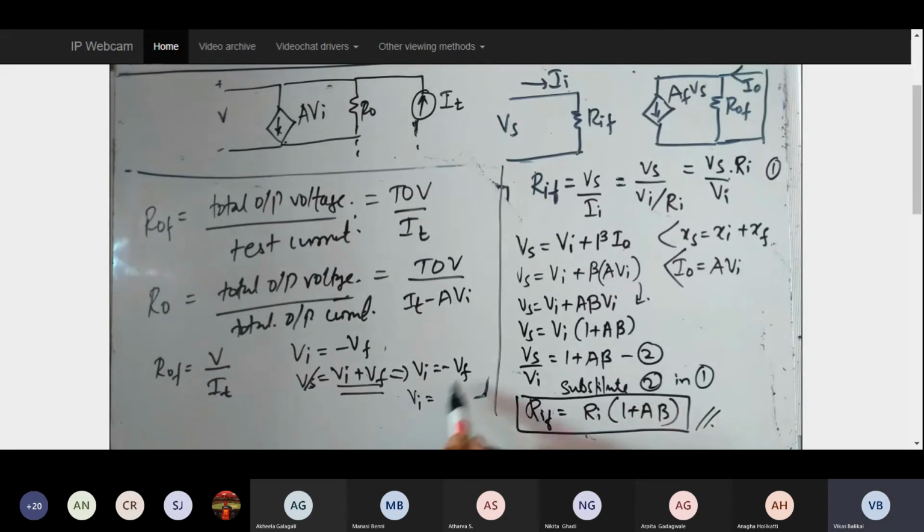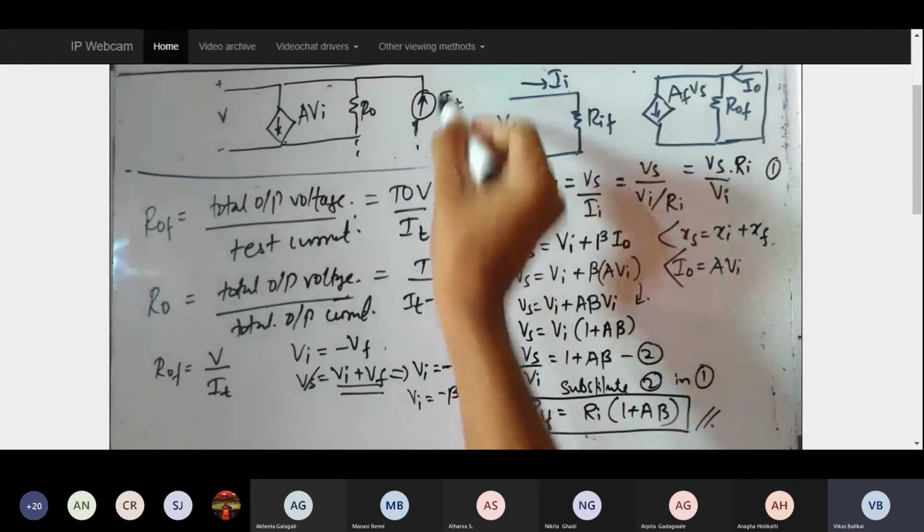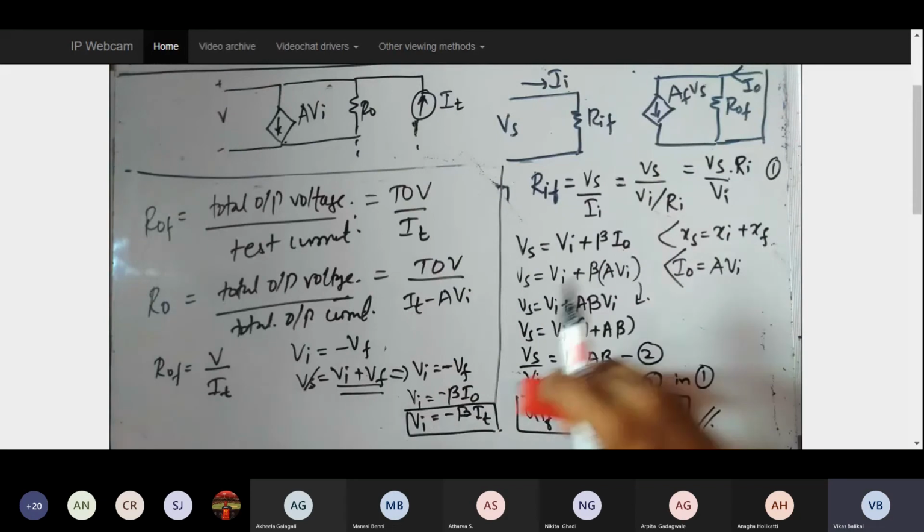It is written in terms of the feedback voltage. And what is the amount of feedback that I am getting? It is minus beta times I naught. That's what I just represented in my last circuit. And now here, instead of I naught, it is IT. So can I write Vi is equal to minus beta times IT? So this is what I'll be writing over here.